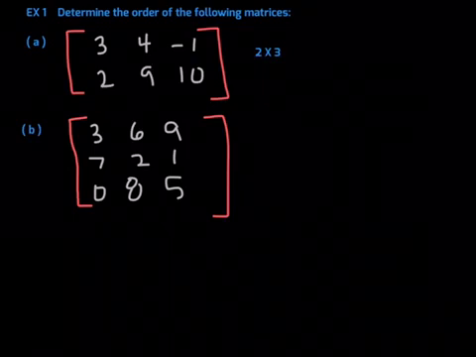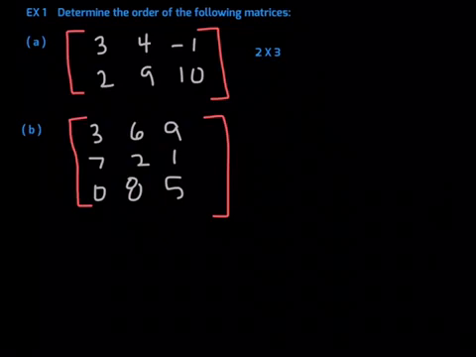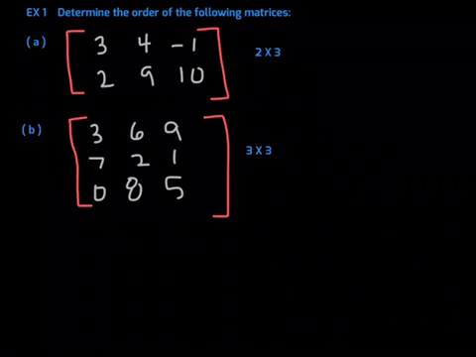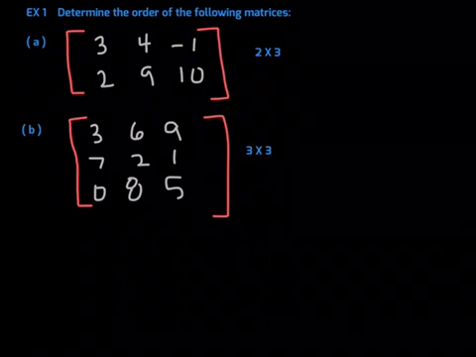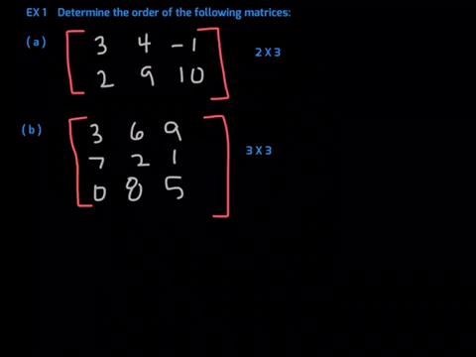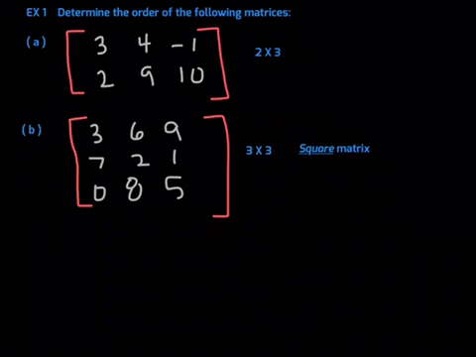All right, let me get that back on the board for you. It's a 3 by 3 matrix. Now look at this. The number of rows is equal to the number of columns. Whenever you have the same number of rows as columns, you call this a square matrix. All right, so this is a square matrix because the number of columns is the same as the number of rows. All right, cool.